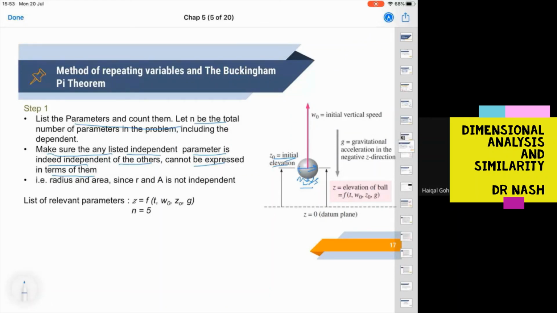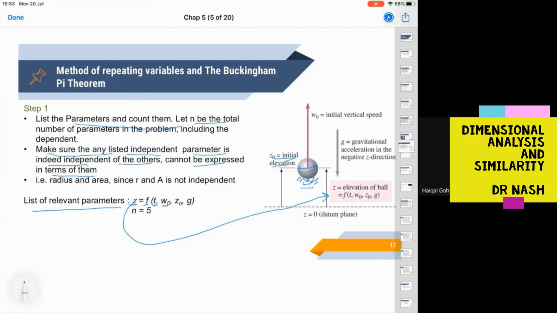Okay, what parameters should be included? So the list of relevant parameters. Z, dalam kes ni Z ni adalah the elevation of the ball after the ball bounces back into the air. It is a function of what? Function of time, T. Function of WO, apa dia WO? WO is the initial vertical speed.